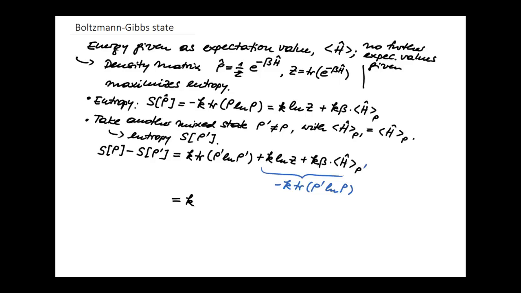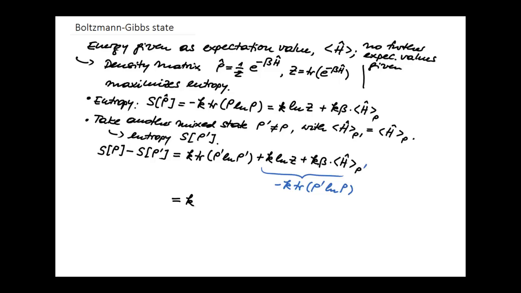So you have, for the difference of entropies, a k in front, and then trace rho prime log rho prime minus trace rho prime log rho. This is an expression that you should have seen on your last problem set.